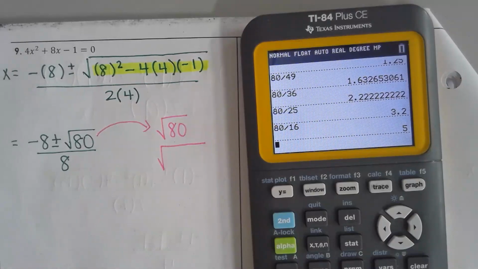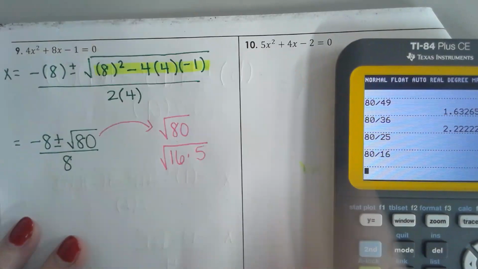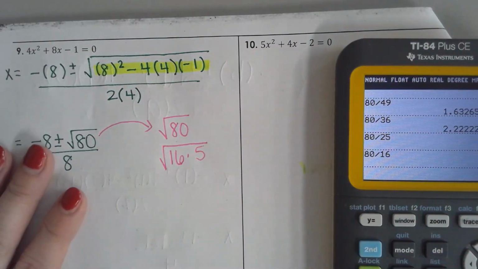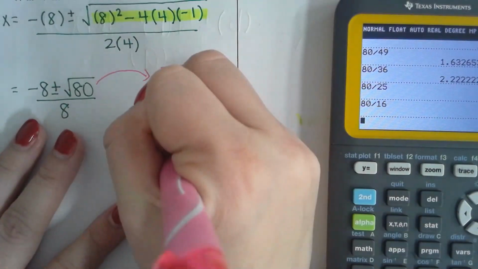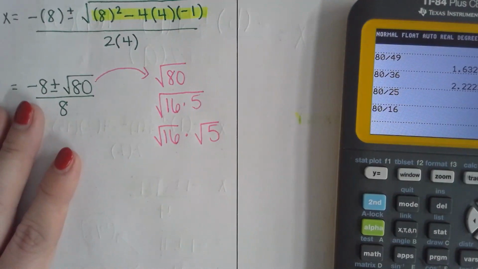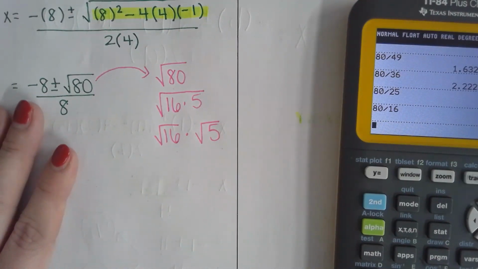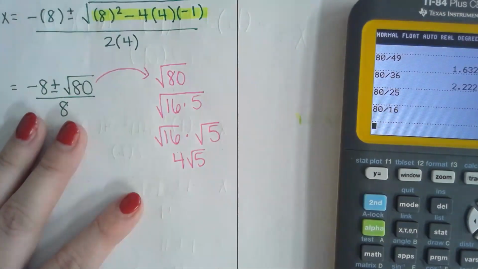There we go. 16 times 5 is 80. So this is really the square root of 16 times the square root of 5. And what is the square root of 16? 4. So this is really 4 square root of 5.